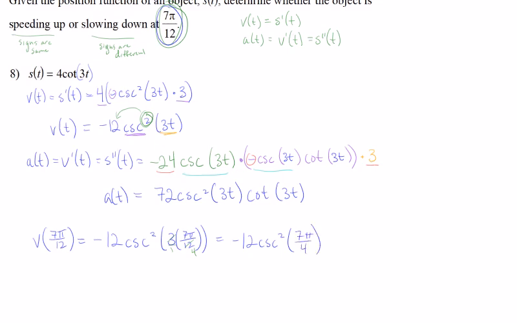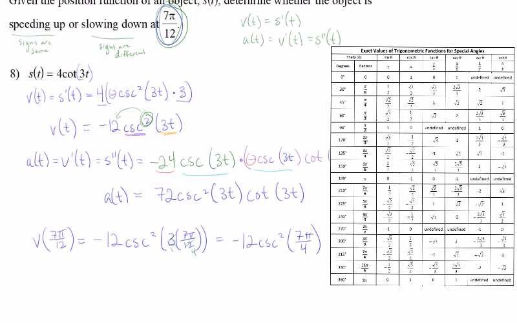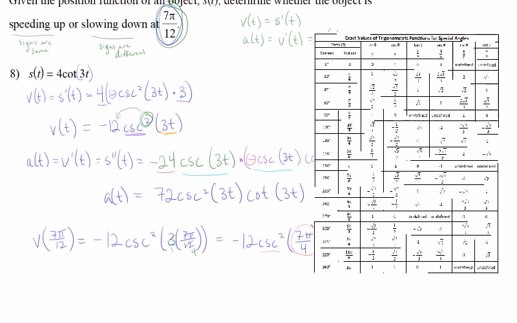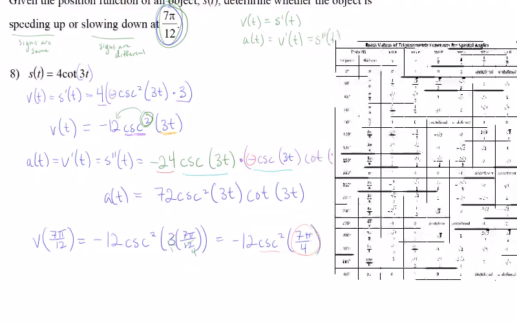Okay, so then what I'm going to need is my trig chart. So let me grab that. All right, so I have my trig exact values table here, and I want to find cosecant at 7 pi over 4, right? So I'm going to line up cosecant with 7 pi over 4, and that gives us negative root 2.